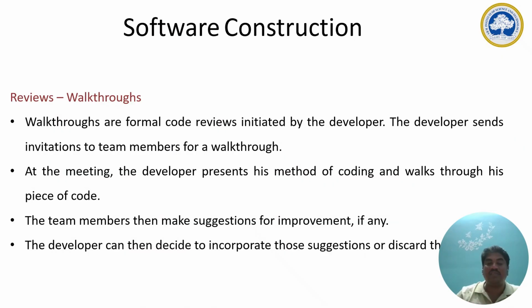At the meeting, the developer presents his method of coding and walks through the piece of code. The team members then make suggestions for improvement, and it depends on the person whether that decision will be considered or not.